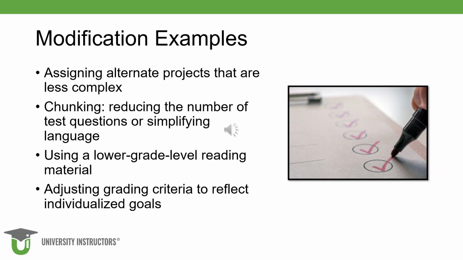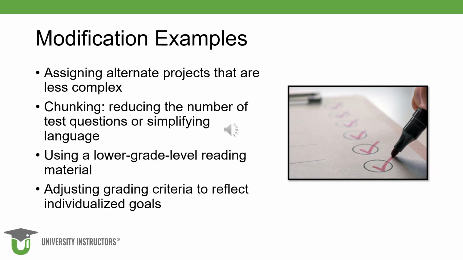Modifications are specialized adjustments to a student's learning environment. These change what the student is learning and create an individualized experience. Some examples of modifications include alternate projects, which provide simplified assignments that reduce complexity while addressing individualized learning goals.